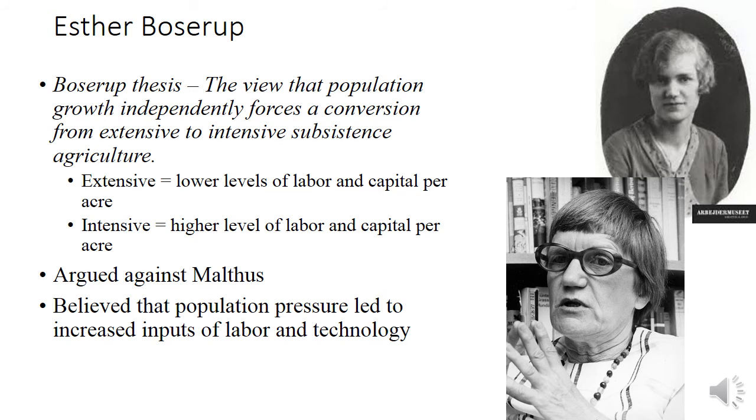She is arguing against Thomas Malthus's idea that people would outgrow food supply. She's saying no, that'll put more pressure on people to put greater inputs of their labor and technology into food production.